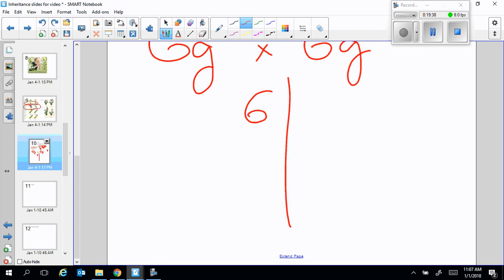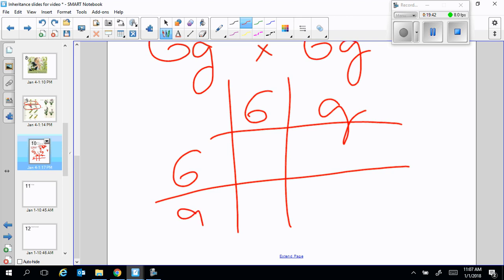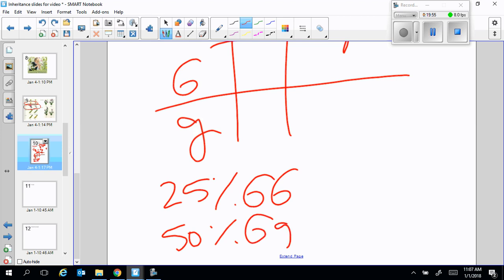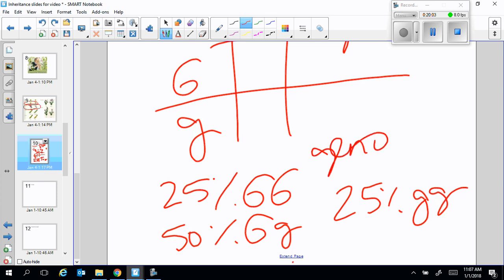So I separate my alleles. My results are 25% big G, big G, 50% big G, little g, and 25% little g, little g. Those are my genotype frequencies for my offspring.